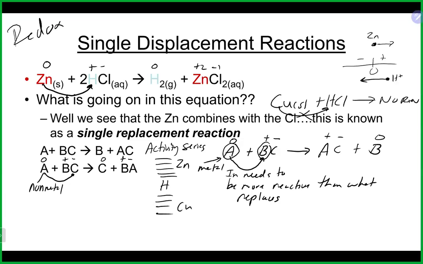And that guy that gets kicked out will end up with no charge in this case. So this is a single replacement reaction, the only type of reaction where you have one thing by itself with no charge and an ionic compound, and you'll get somebody getting kicked out if this reaction takes place and some new compounds being formed. Still, again, ultimately what's happening here is electrons being transferred, so ultimately this is still a redox reaction that is occurring.